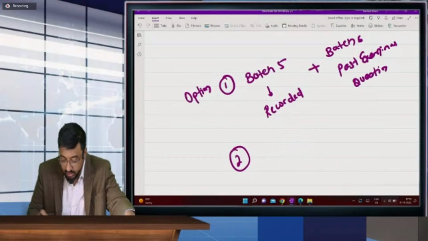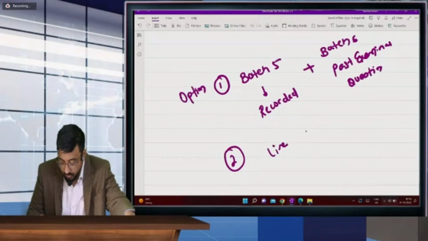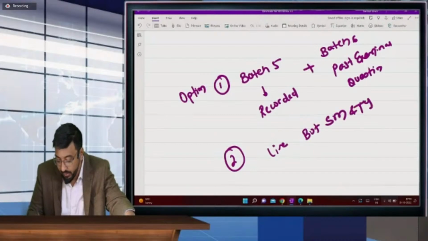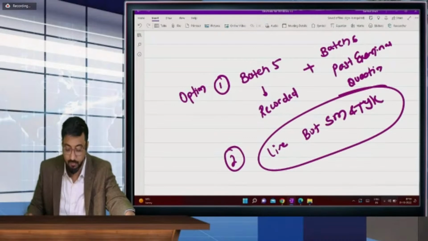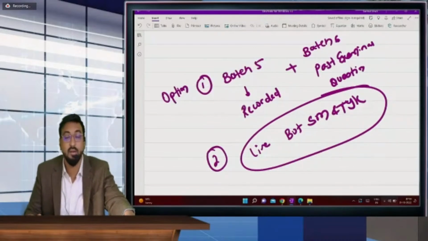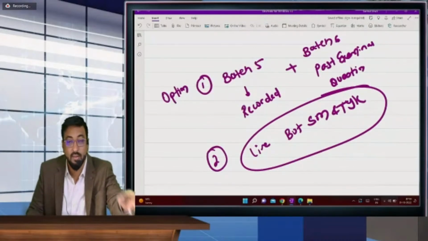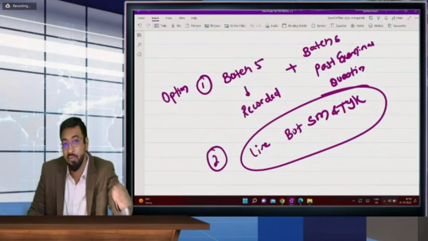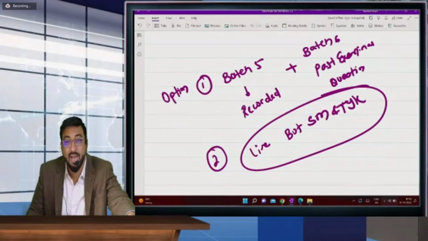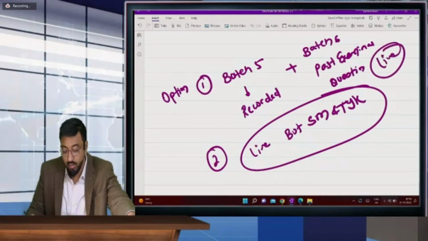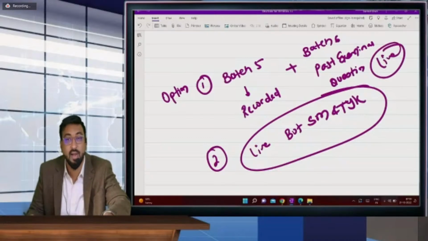And option number 2, only live sessions, but study material and TYK questions, whatever there is. Yes, you can have 2 options. Number 1, same technique we will follow from 17. Batch 5 recorded plus batch 6 is with sir, past examination questions in live, or in live only study material and TYK questions.